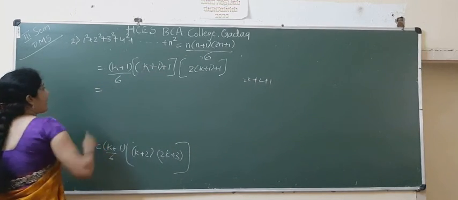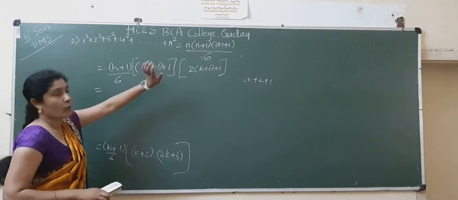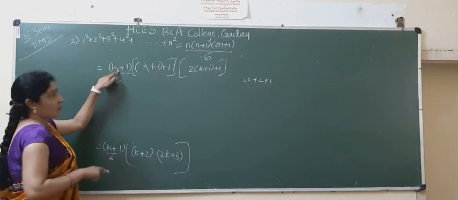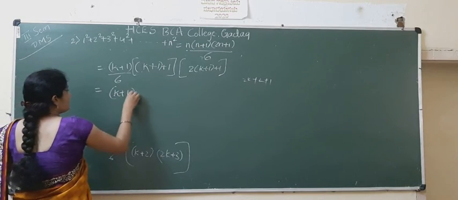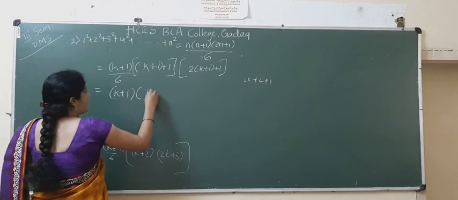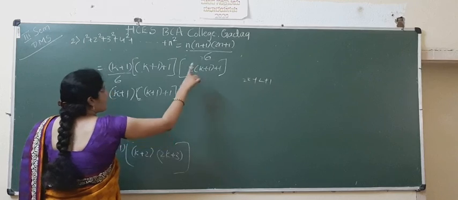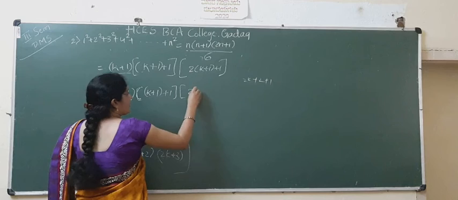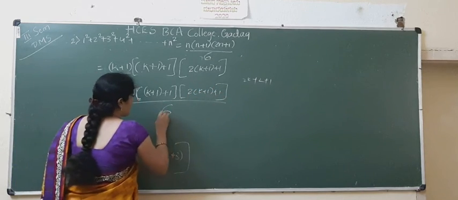Now, if you compare this last statement with the given open statement, we know that n is nothing but k plus 1. So if you just compare this, what you will be getting? n, that is k plus 1, into n plus 1, this one, k plus 1 plus 1, into the whole thing divided by 6.